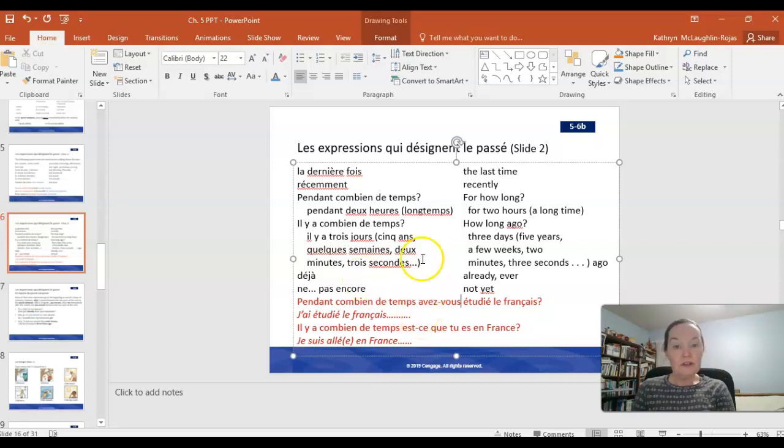So you can fill in basically your time expression. And you could use any of the ones you see right here. You could say, j'ai étudié le français pendant quelques semaines. J'ai étudié pendant 2 minutes, 3 secondes, whichever one you think would fit best. You could say, even like this example up here, j'ai étudié pendant 2 heures, or j'ai étudié longtemps, so a long time.